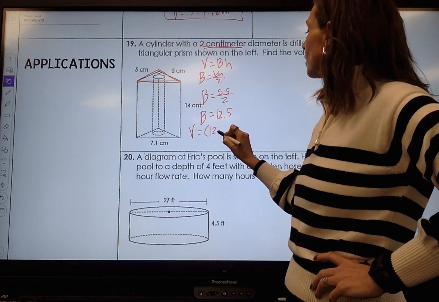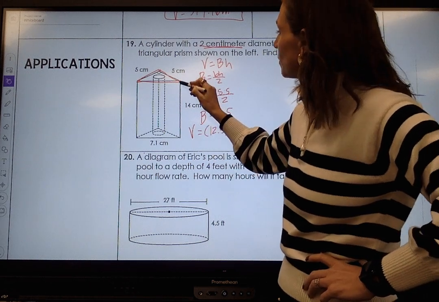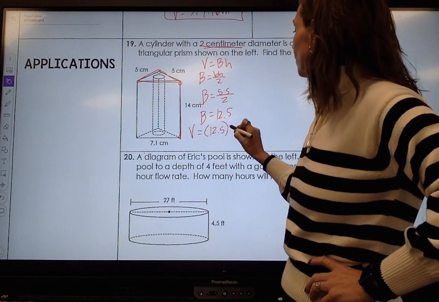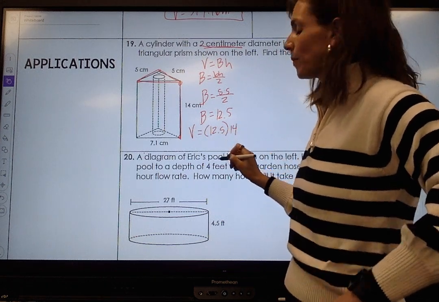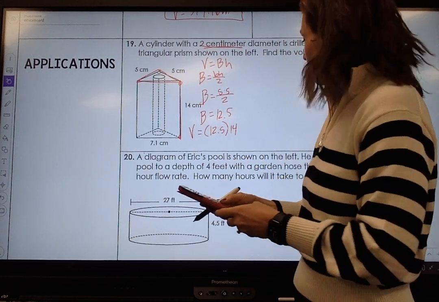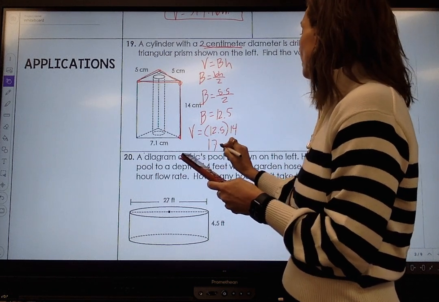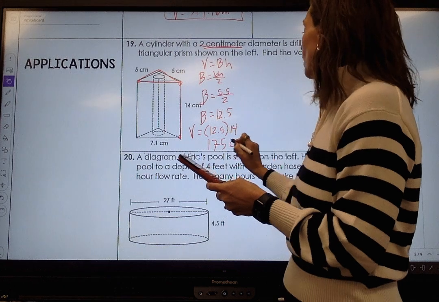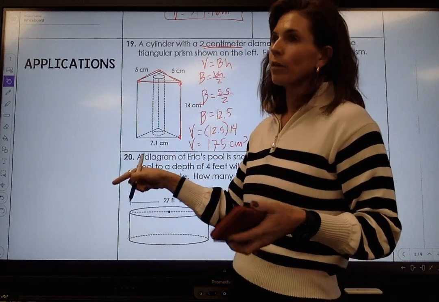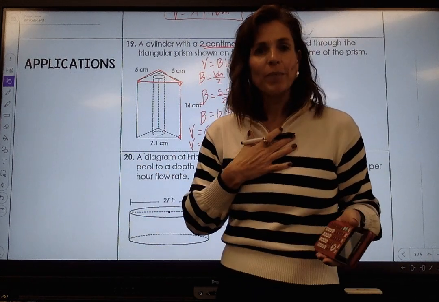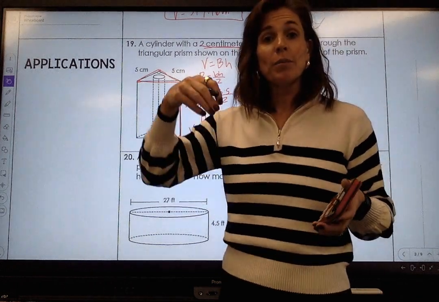So volume is going to be 12.5 times the height of this prism, which is 14. And I am going to get 12.5 times 14 equals 175 centimeters cubed. So that's the volume of the triangular prism. Now I'm going to find the volume of the cylinder.